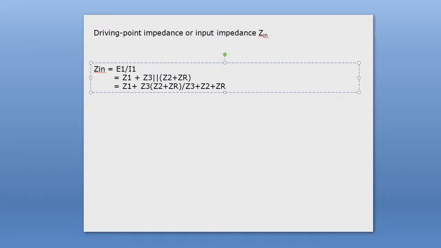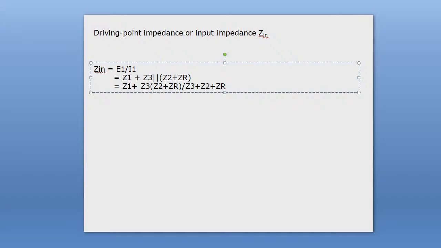If we want to express input impedance in terms of impedances associated with the given circuit, then we can write that the overall impedance is equal to the sum of Z1 impedance and the equivalent impedance of the parallel combination of Z3 and Z2 plus ZR.